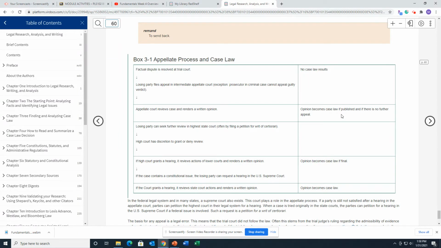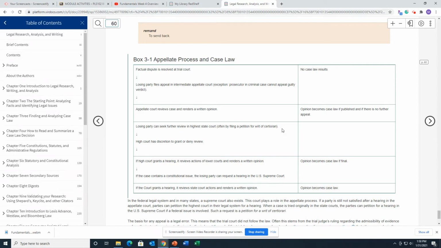So they're filing a petition for writ of certiorari, and then the high court can say, yeah, we're going to listen to it, or no, we're not going to listen to it. And if they grant the hearing and it reviews the action and renders an opinion, that would be case law here. If there is a constitutional issue at the state level, the losing party can request a hearing before the U.S.